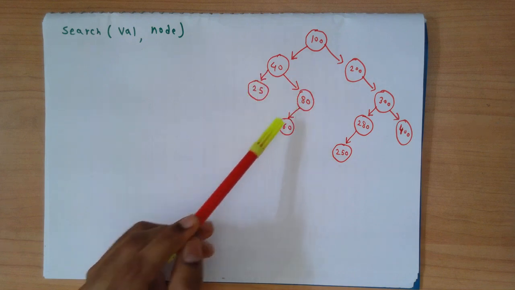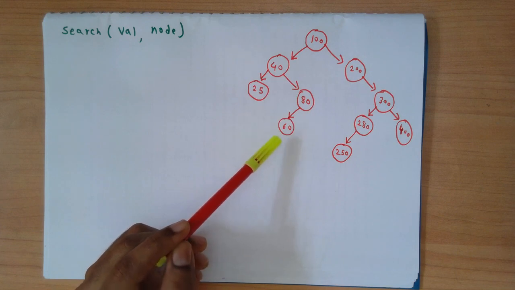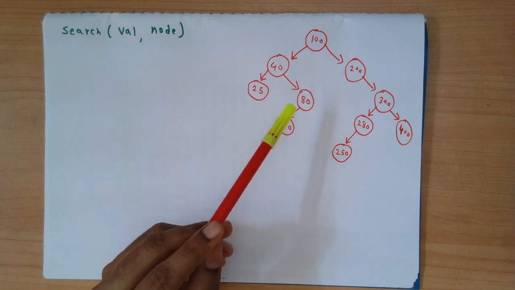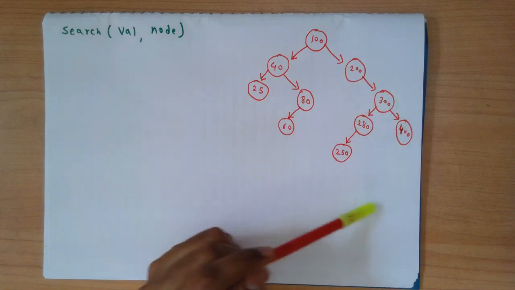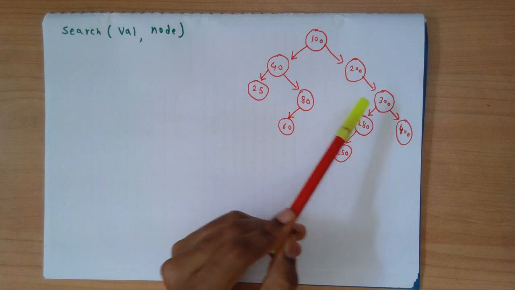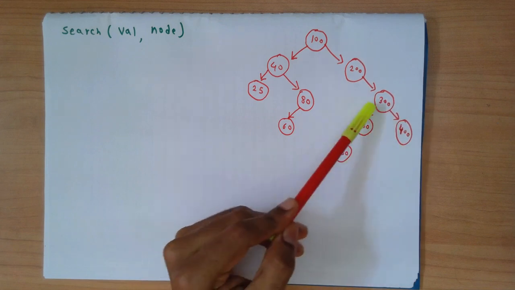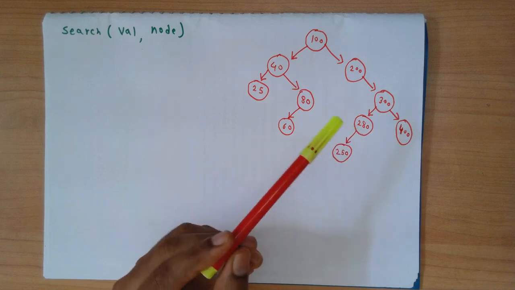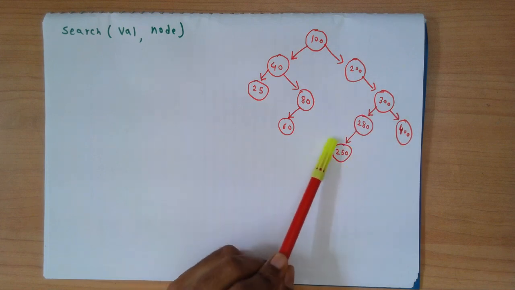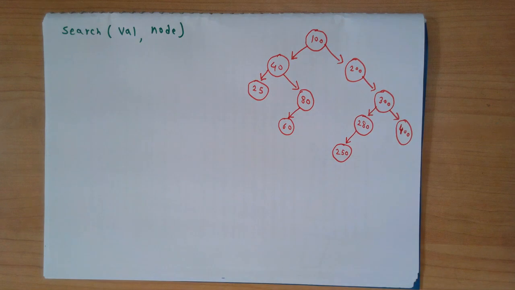For 80, everything to the left, 60, is less than 80, and there is nothing on the right. Similarly, for 200, there is nothing on the left, and everything on the right is greater than 200. For 300, everything on the right is greater than 300, and everything to the left is less than 300. Similarly, for 280, everything on the left is less than 280, and there is nothing on the right. And then we have the leaf nodes, which do not have any children. So this is a valid binary search tree. It has this binary search tree property.